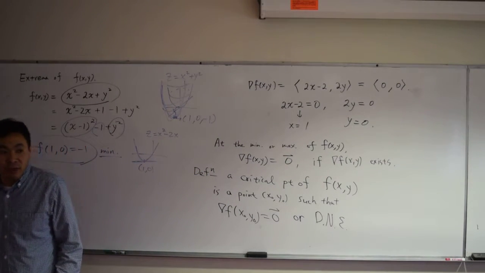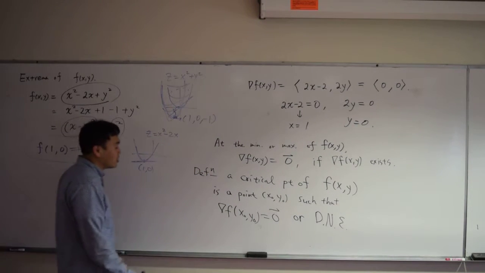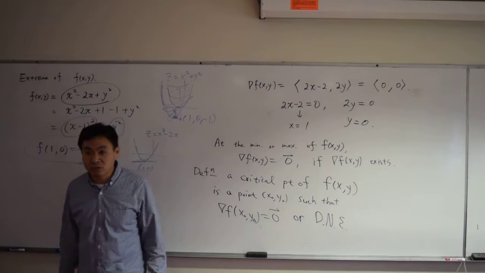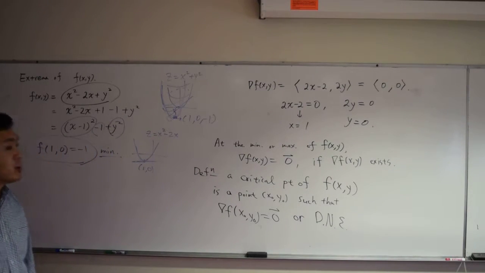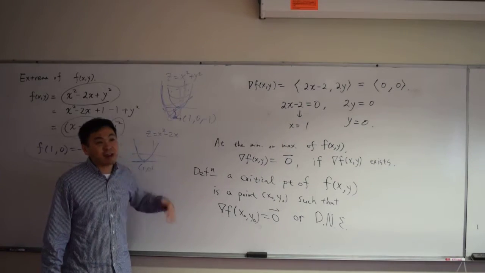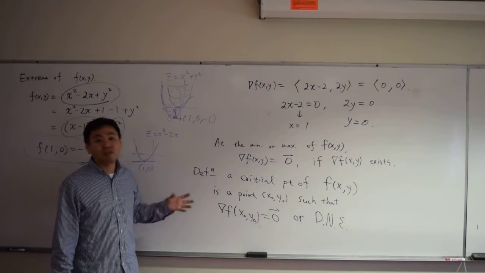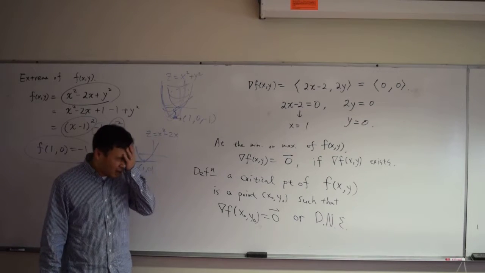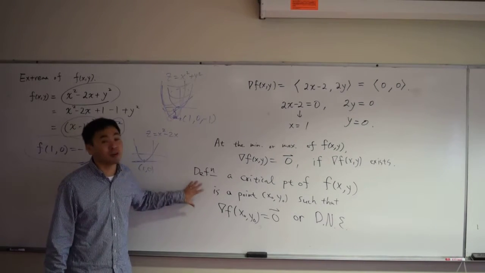So if you have a function which is not differentiable, or if its derivative is equal to 0, you call that point a critical point. Now, why are we interested in critical points? Because if f has a maximum or minimum, it has to attain its maximum or minimum at the critical points.